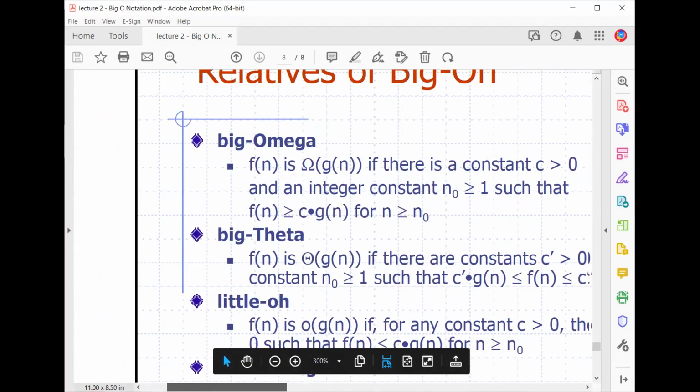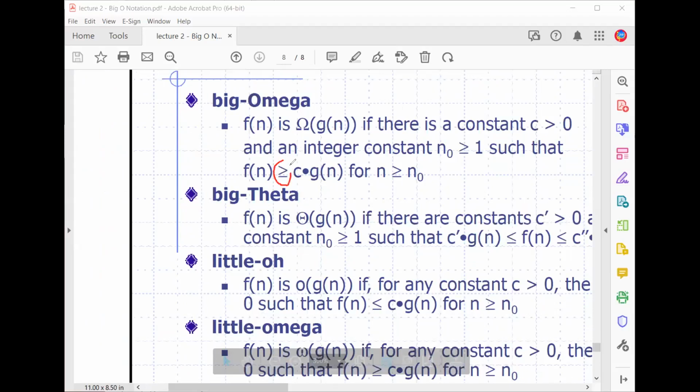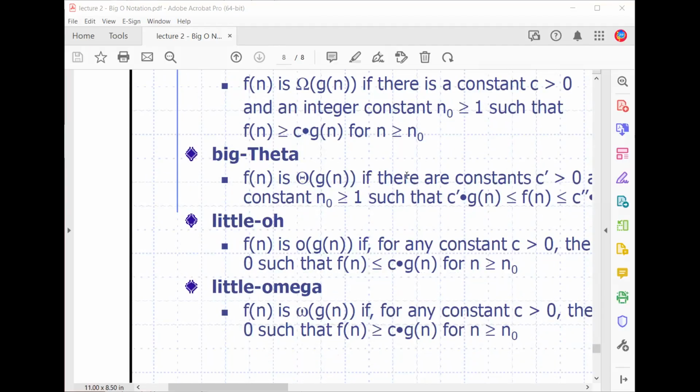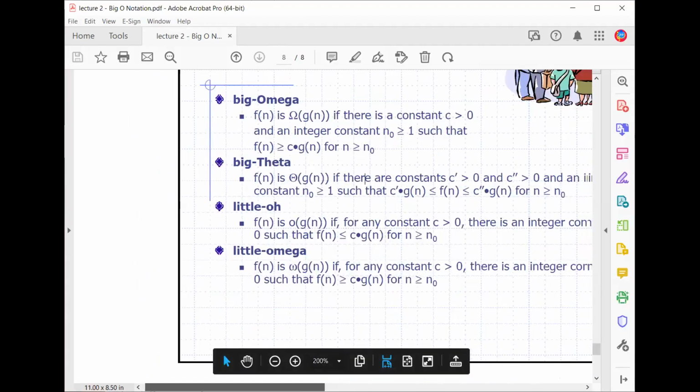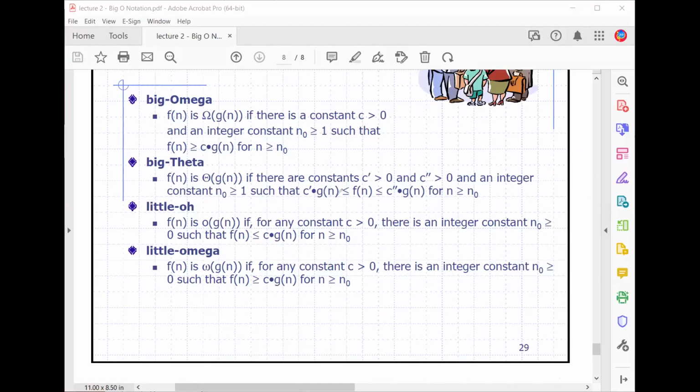Now, remember where big O was less than or equal to, omega is greater than or equal to. It's the same thing, but this is greater than or equal to. Big theta, right here, is simply the same thing. f of n is greater than or equal to this, and f of n is less than or equal to a similar function.